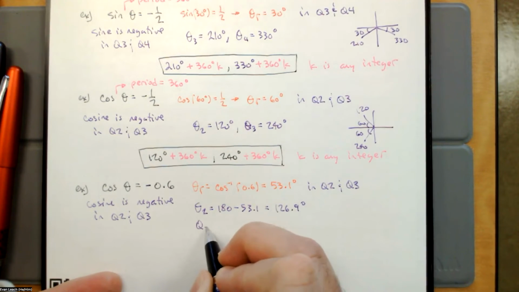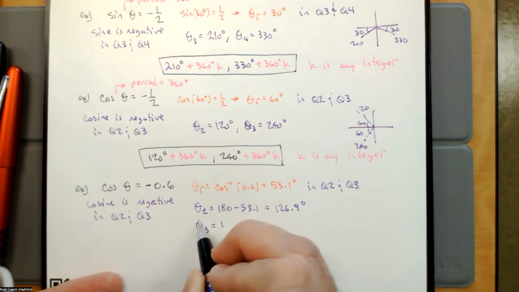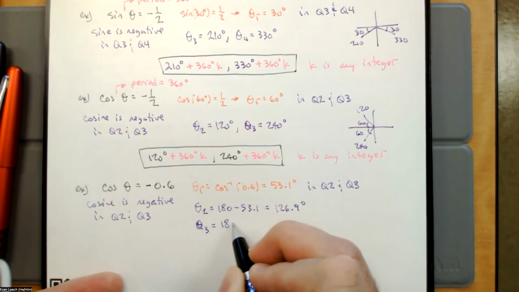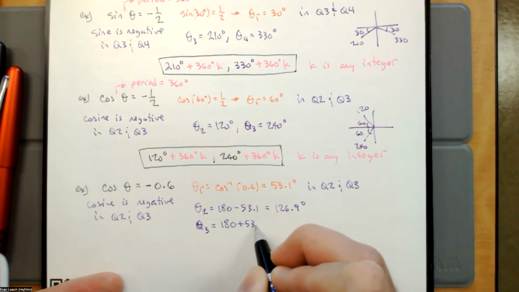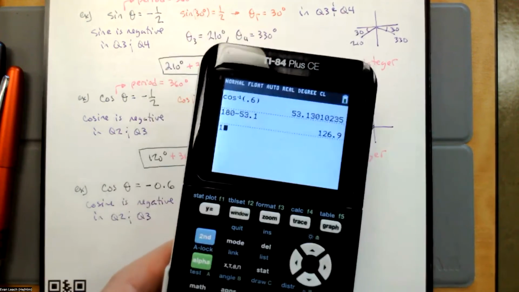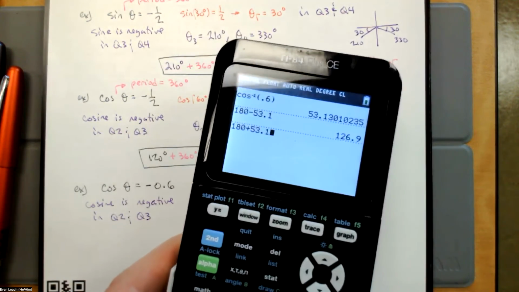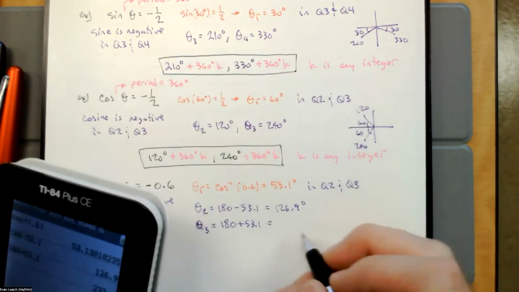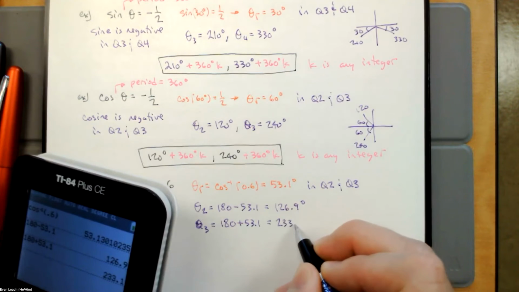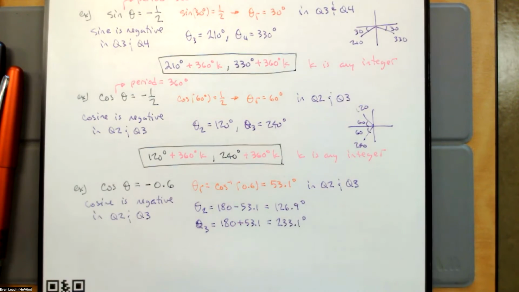And our theta in quadrant 3 will be, oops, theta, not Q, 180 plus 53.1, 233.1. These are the two that are in that first cycle.